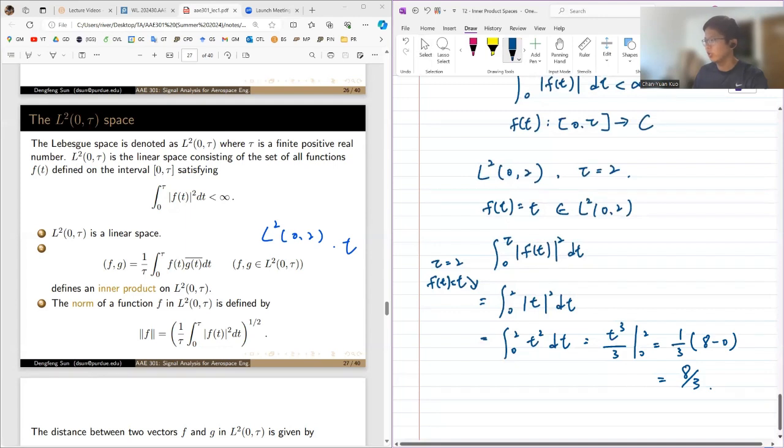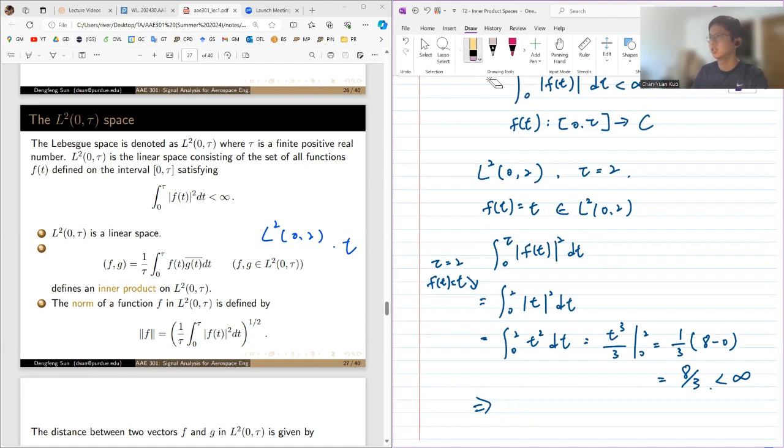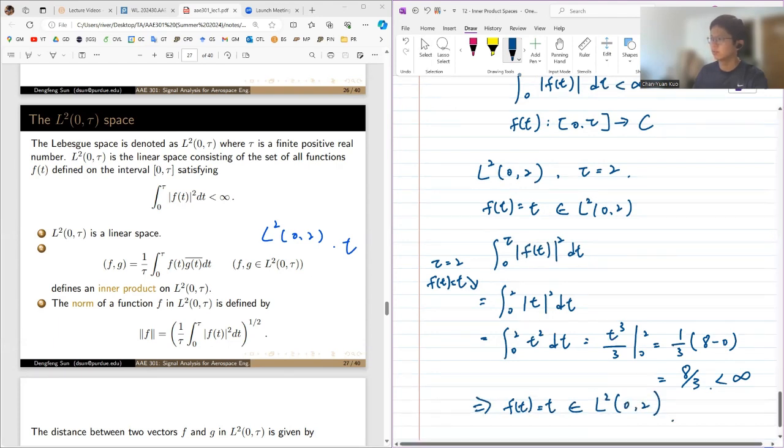Obviously 8 over 3 is finite, so it's smaller than infinity. This means the function f(t) equals t is inside the Lebesgue space L squared, 0 to 2.